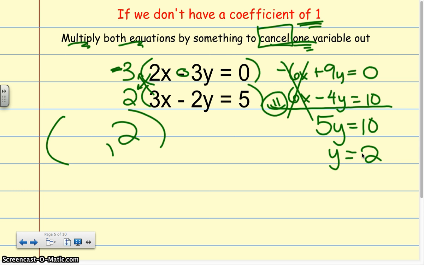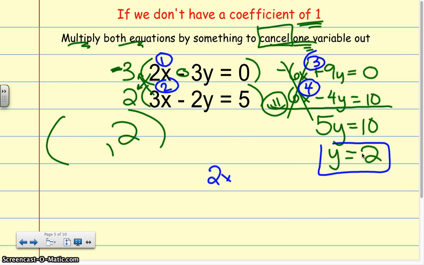Still easier than substitution. Now I'm going to go back, and I have 4 equations I can pick from. 1, 2, 3, 4 equations that I can plug that y back into. I usually always personally go right to equation 1.